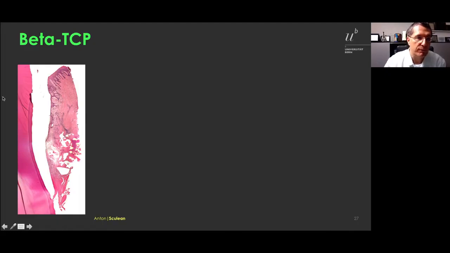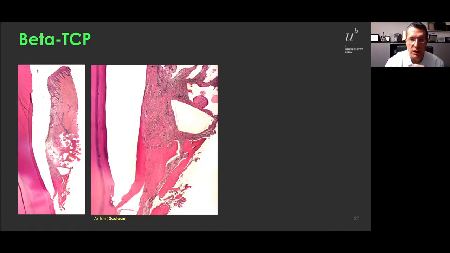This is in fact a healing characterized by a reparative type of tissue, and this is evidenced by a long junctional epithelium that proliferated from coronally, you can see it on the slide, to apically, almost until the most apical part of the defect. We have some particles that are surrounded by soft tissue, no connection with the bone.